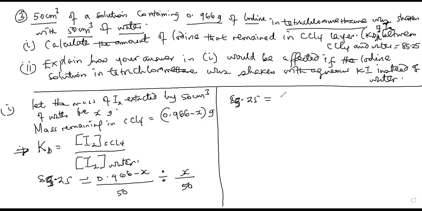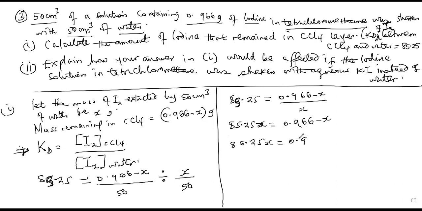So 85.25 is equal to 0.966 minus X, out of X. When you cross multiply, 85.25 X is equal to 0.966 minus X. So when you bring it here, it will be 86.25X is equal to 0.966.